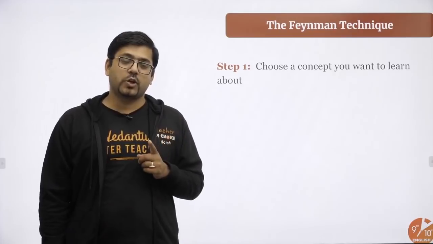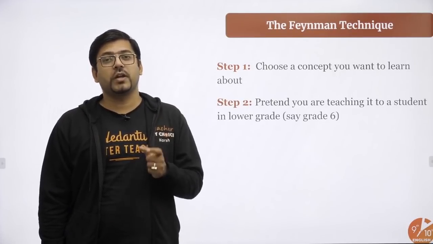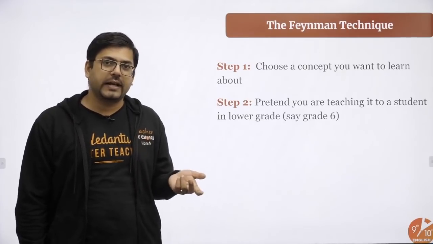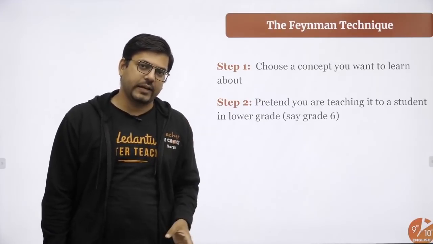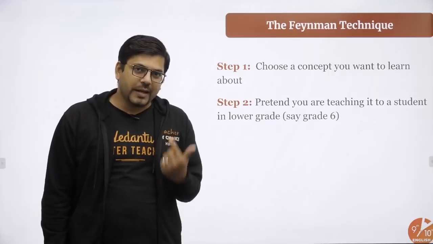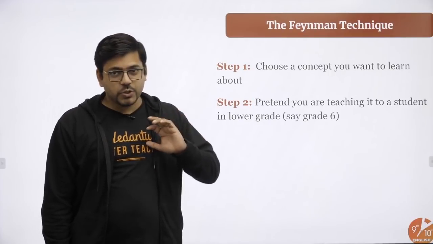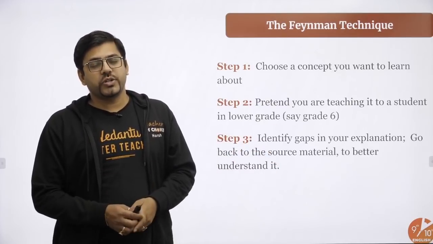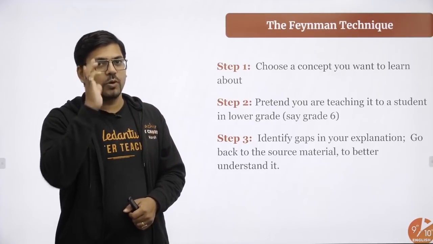Now, once you choose the topic, start imagining that you are going to teach that topic to a 6th grader student. You might be a 9th grader or a 10th grader, but imagine that you are going to teach this topic to a 6th grader. Why am I saying that you have to imagine that? Because once you imagine that and start teaching that topic to that 6th grader, all the questions which that 6th grader might ask will come up in your brain.